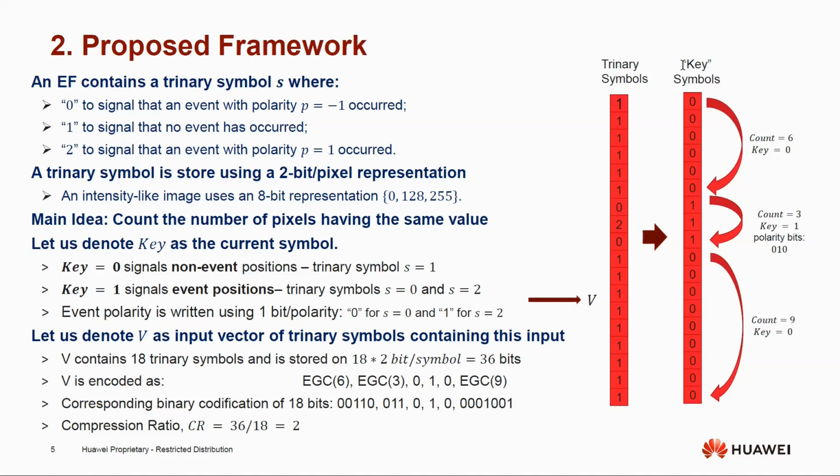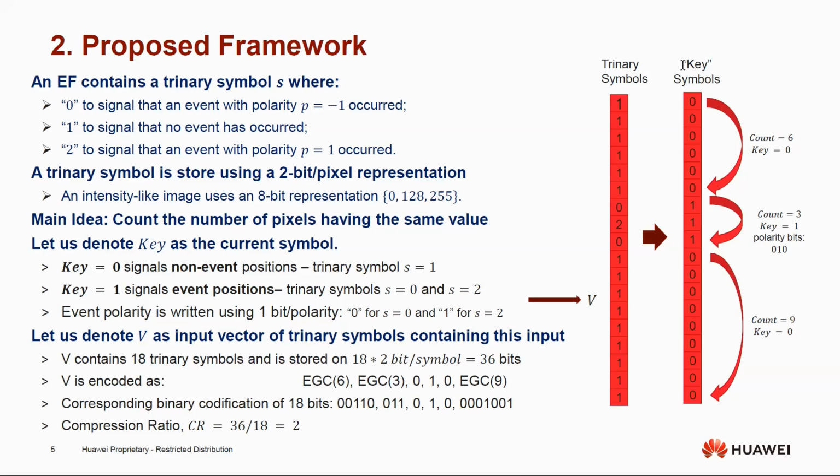We translate these trinary symbols, trinary because there are three symbols, an alphabet of 3, into what we call key symbols. So instead of encoding 3 symbols at once, we actually encode only event and non-event positions. So it might be much simpler like that.